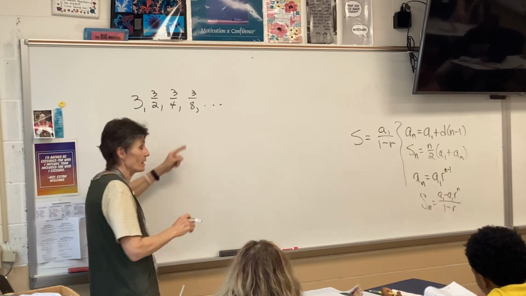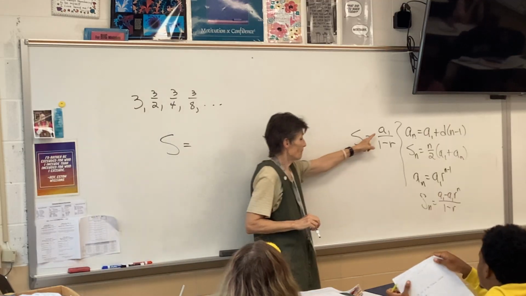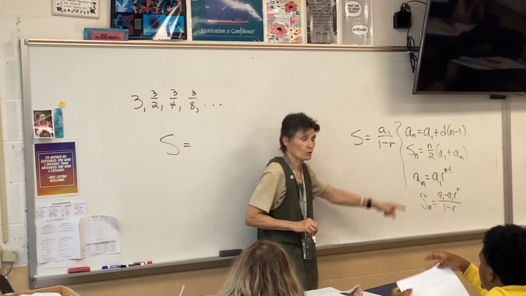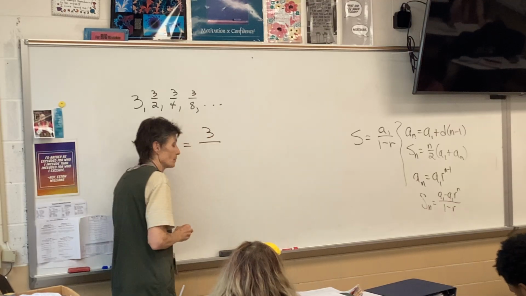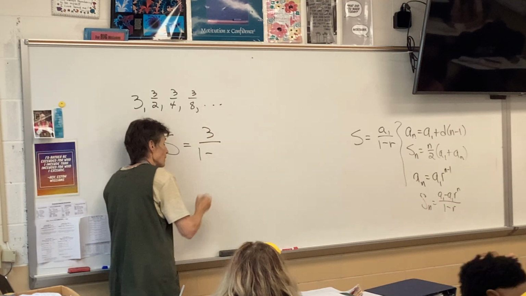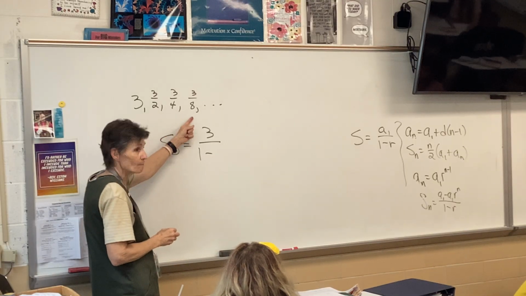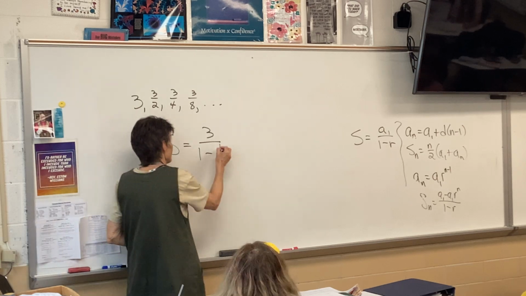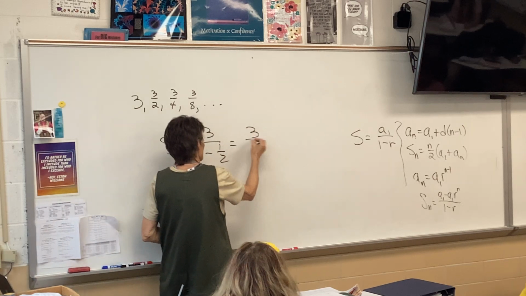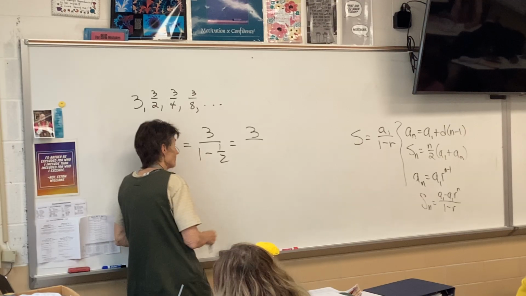All right? So how does this work? What does this stand for? First term, which is 3. What's my ratio? What am I multiplying by here? 1/2. So 1 minus 1/2 is 1/2.